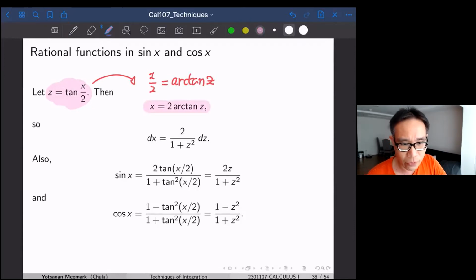So this is what you're gonna use. Basically just memorize two things: z equal to tan x over 2 and x equal to 2 arctan z.